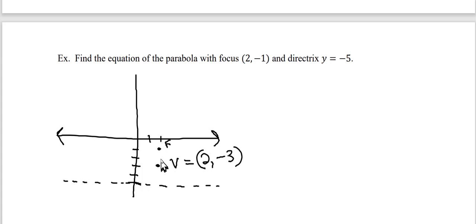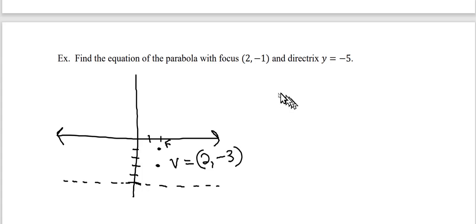Same x value as the focus, but halfway between the -1 and the -5. I know that this parabola opens up because it has to curve around the focus away from the directrix.